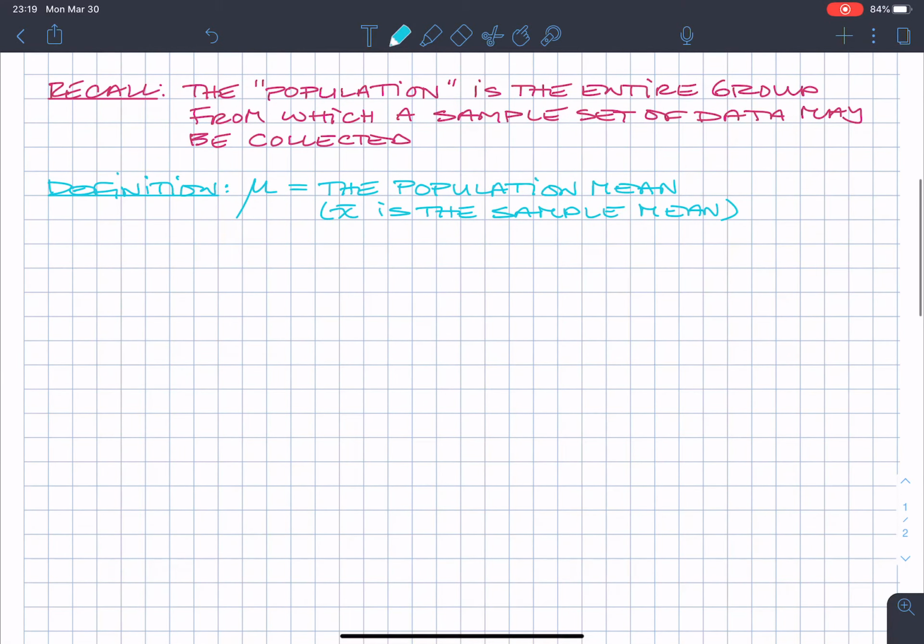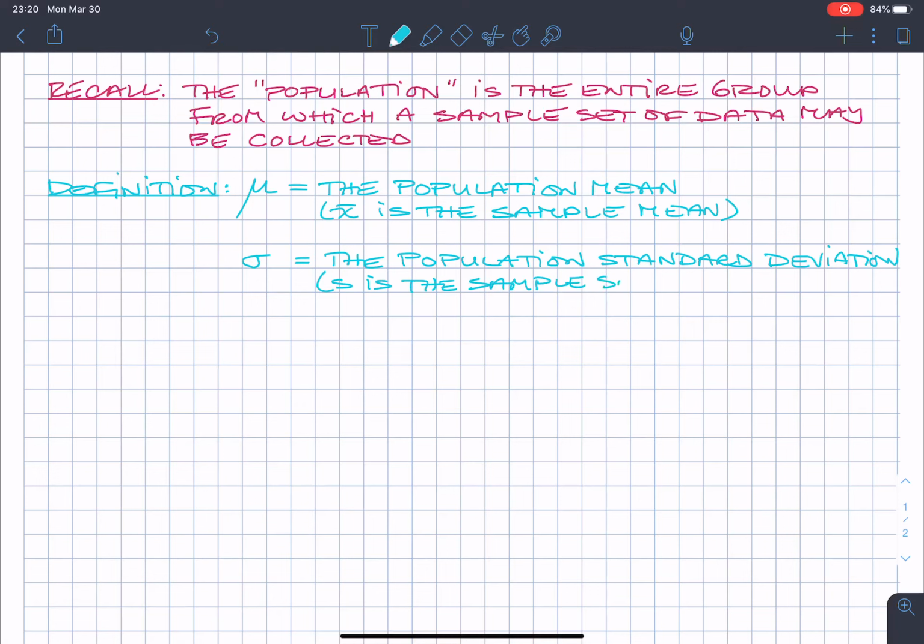And then sigma, I'll define that again in a moment, is the population standard deviation. And S is the sample standard deviation.